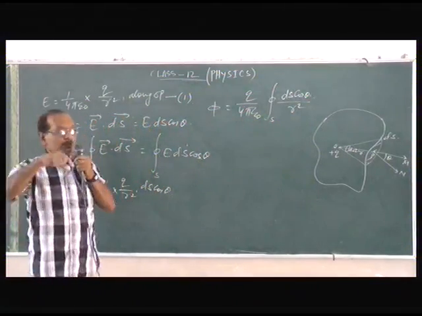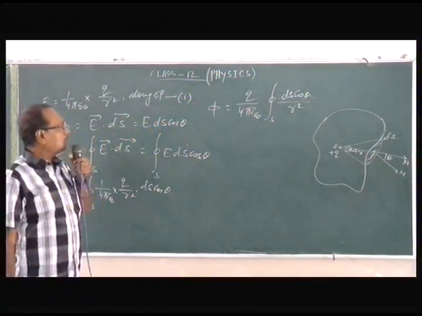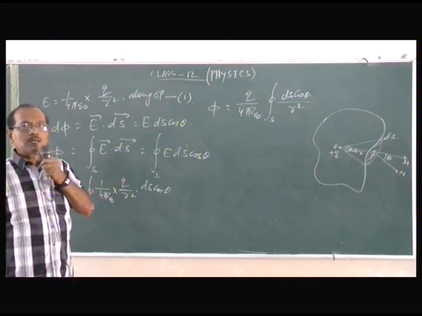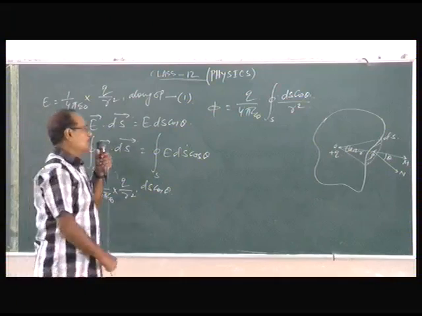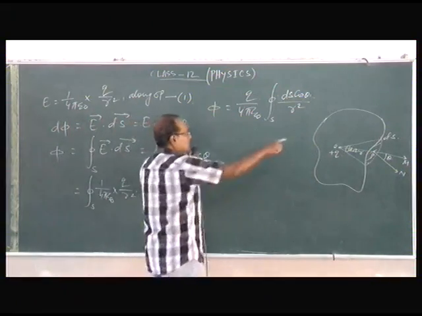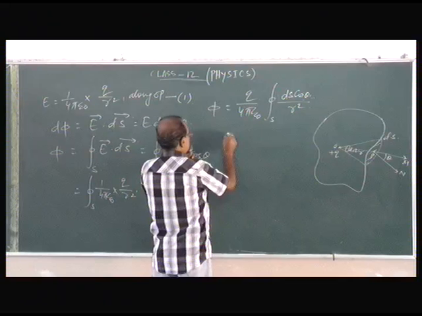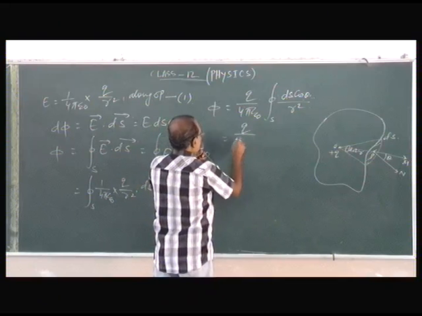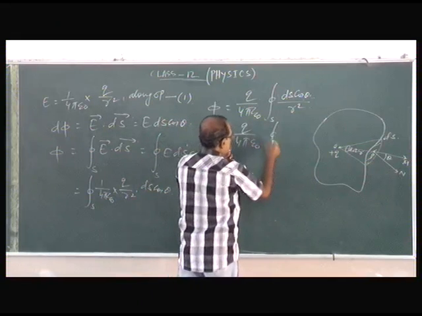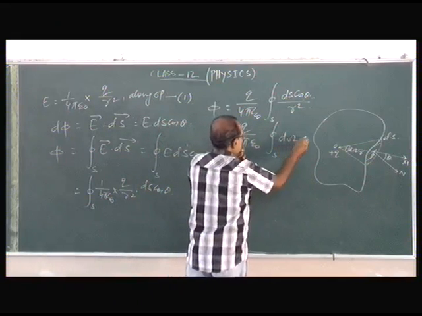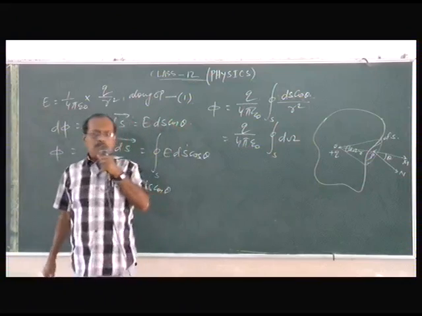In solid angle we have done that ds cos theta by r square is the solid angle d omega subtended by the surface ds at the point.